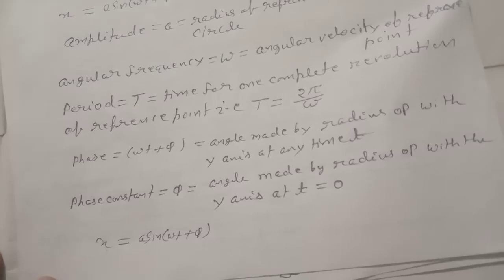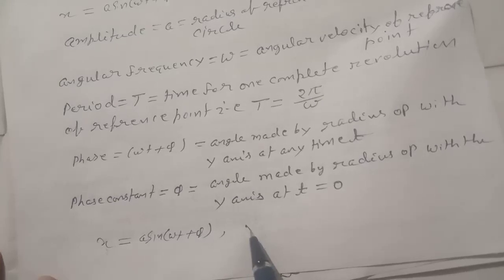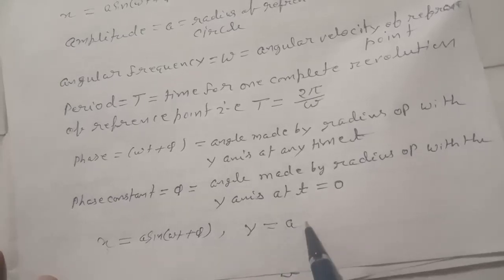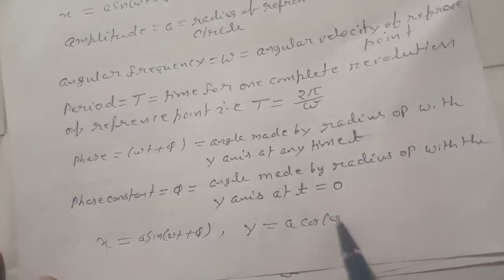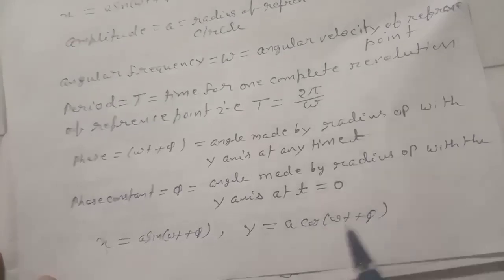Similarly, the equation of motion of the projected point on the y-axis will be y equals A cos omega t plus phi.